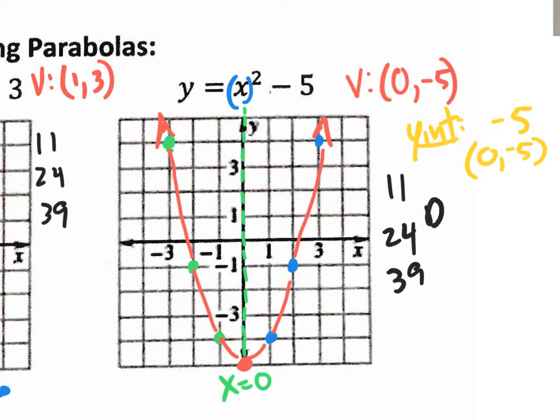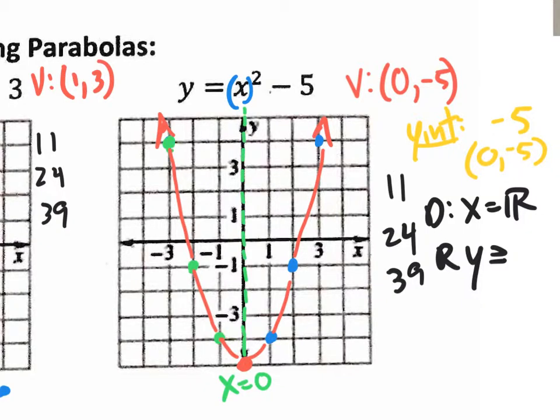What else am I going to ask? The domain and range. So for the domain, you're going to say x equals all real numbers. For the range, you're going to say y is what? Greater than or equal to the y value of your vertex. What's the y value of your vertex? How low does this parabola go? Down here, and then it goes back up. -5.